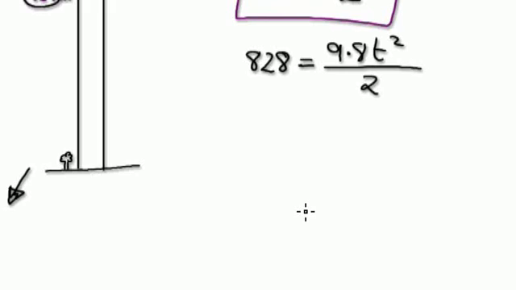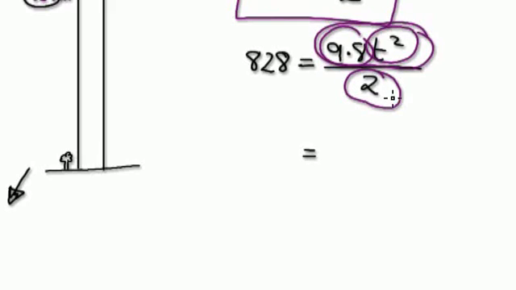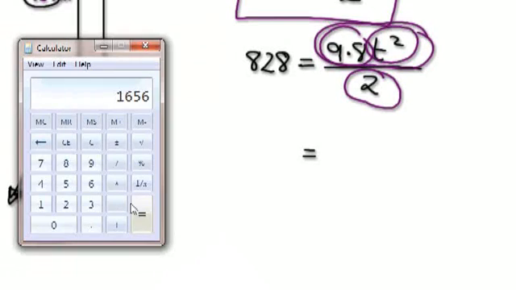Now you can imagine this as being a bubble here, multiplying this bubble, but because of this divide line, everything above it is inside a bubble, and then divided by the 2 at the bottom. So kill off the 2.